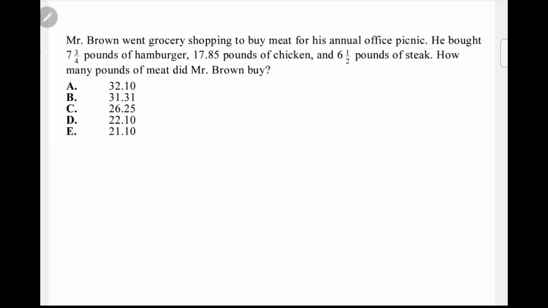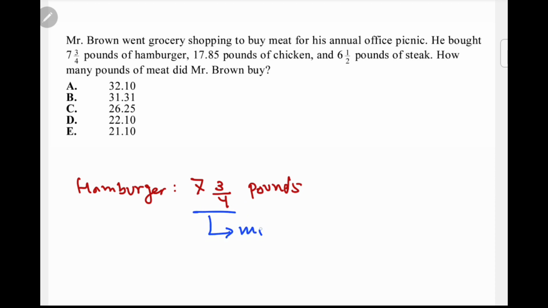As you can see, for the hamburger, the amount of meat bought is 7 3/4 pounds, and we know that this is called a mixed number.